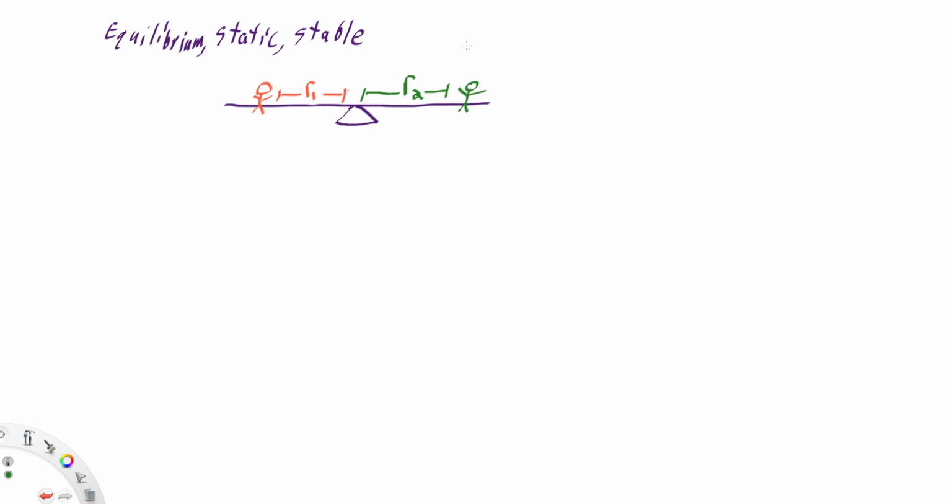These kids are exerting forces on the seesaw equal to their own weight. There's also a normal force exerted on the seesaw from the pivot. So if we have a static or a stable situation, we actually have two conditions.